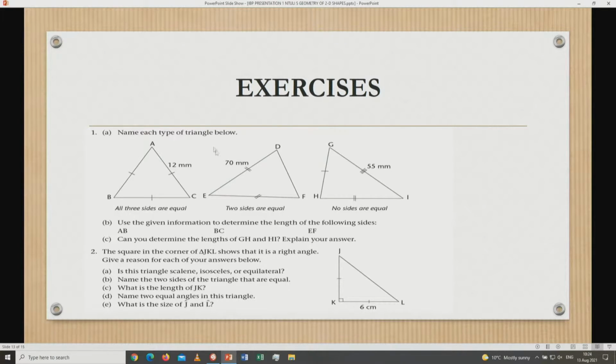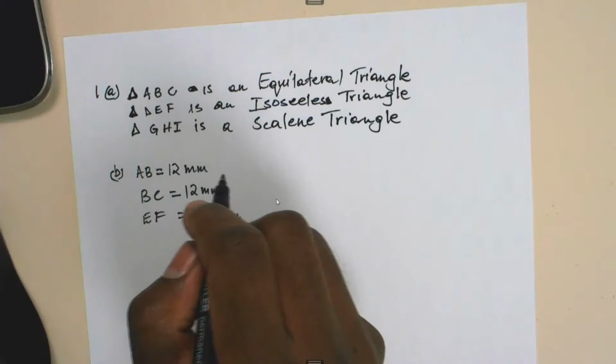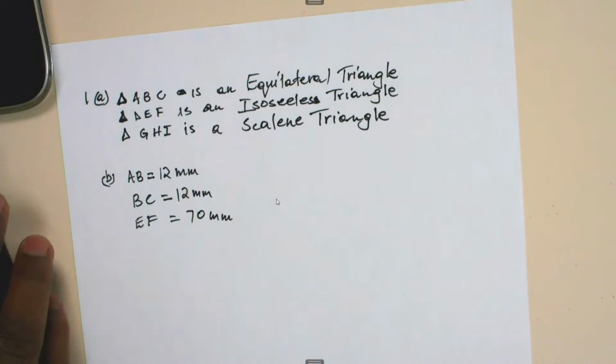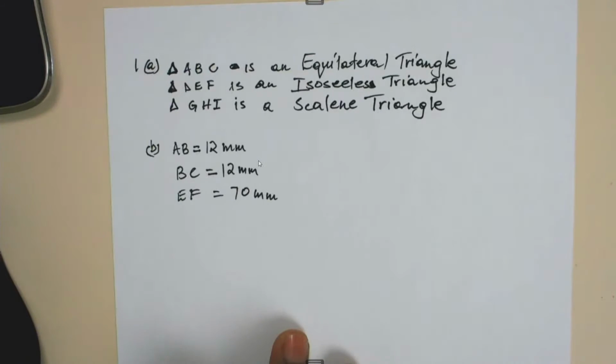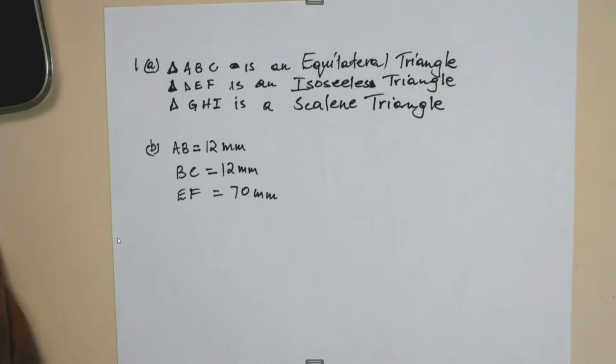EF, what will it be? This side is equal to this side. So D is 70 millimeters, here also will be 70 millimeters. EF will be 70 millimeters. These are the correct answers, guys.